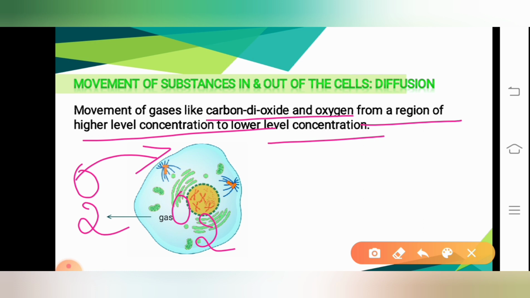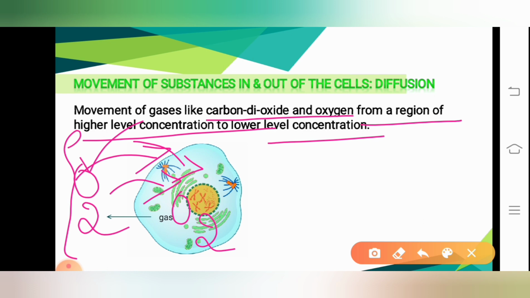Then the oxygen present in the environment at the higher rate will enter into the cell, because the cell contains a lower amount of oxygen. That is, the concentration of oxygen is less inside the cell. So in such cases, the oxygen present at the higher level in the environment will enter into the lower level. What happened here? The exchange of gases took place.